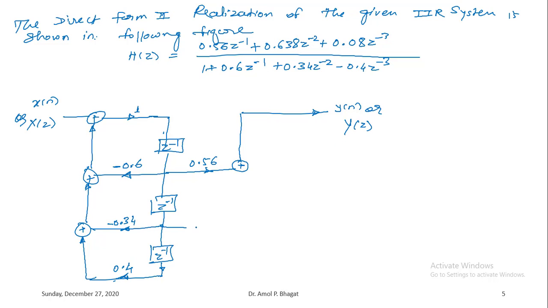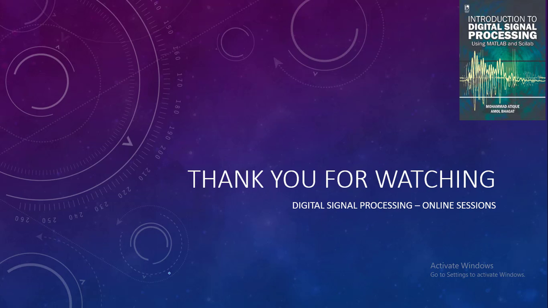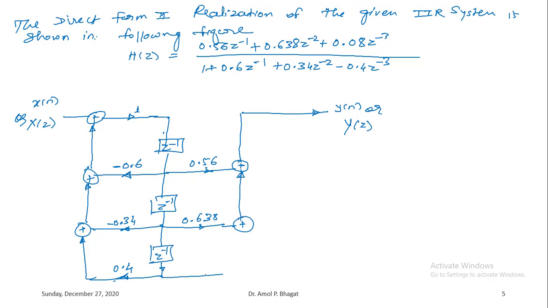Similarly, the another coefficient is 0.638, so 0.638 will be there, again added here. Similarly the last coefficient, that is 0.08, will be there and that will be added here.